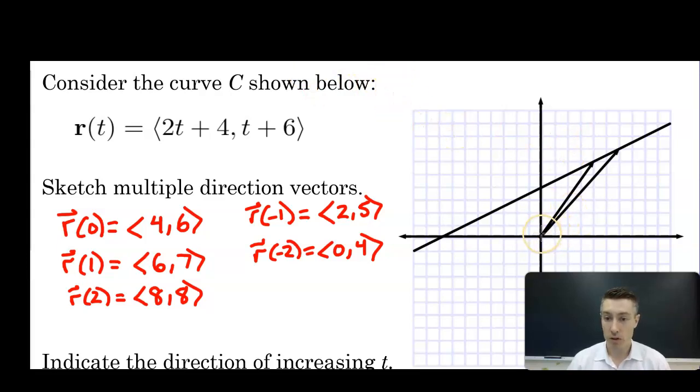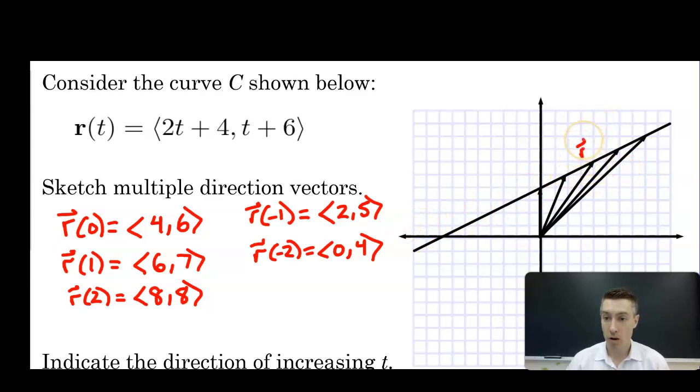Okay, and then r of 2, 8, 8. And we end at a point on the line again. The negatives, 2, 5. So 2, 5. There's r of negative 1. And then r of negative 2. So essentially, the way we create a space curve is we take the terminal point of a whole bunch of vectors and we connect them to create our space curve, right?